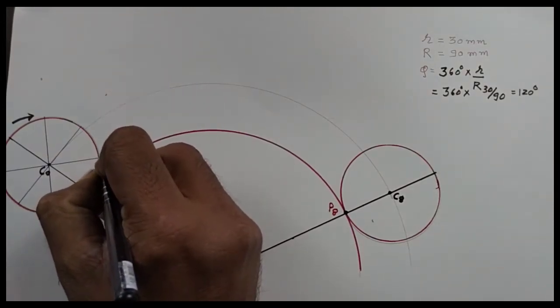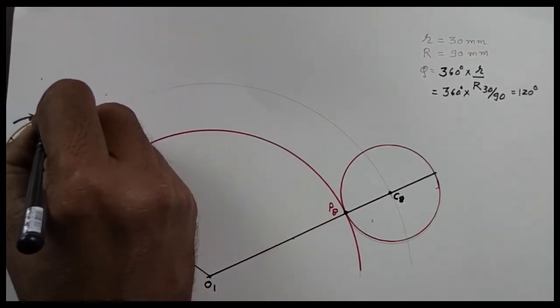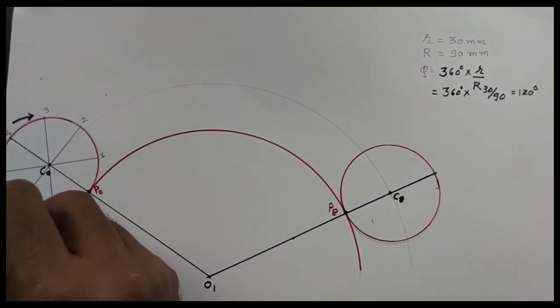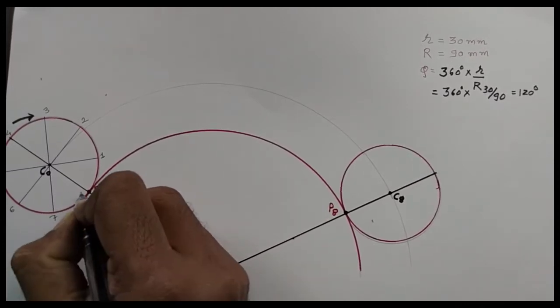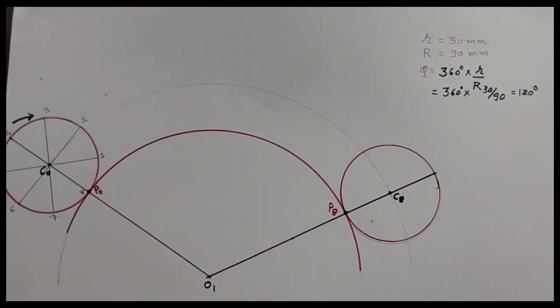This is our first number, second, third, fourth, fifth, 6, 7, and the end point is 8.